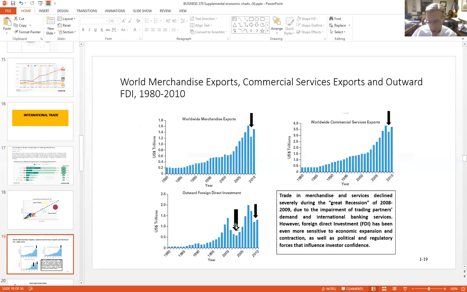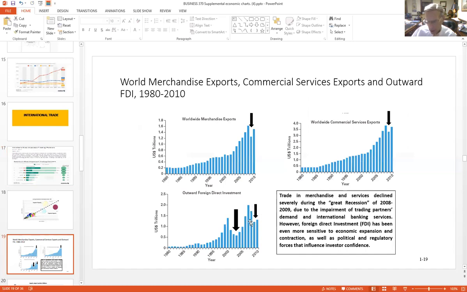And you can see what a tremendous impact the recession had on investment between countries. And this chart ends in 2010, so it needs to be updated. But you can see that the same thing happened when we had our recession of 2008 and 9.